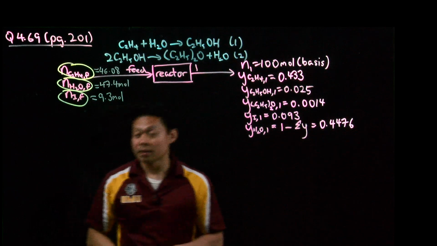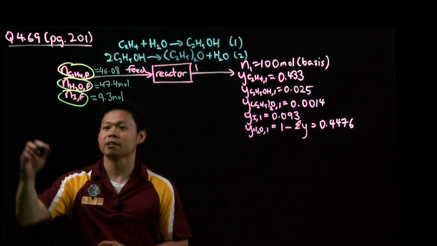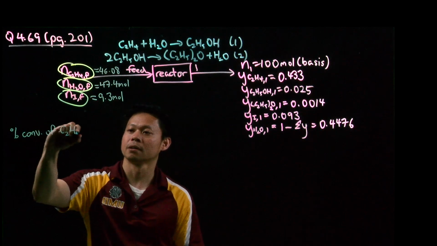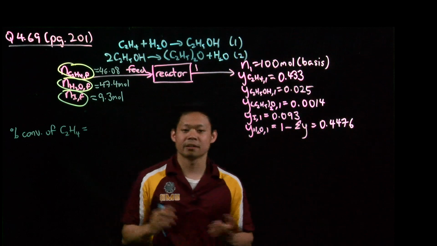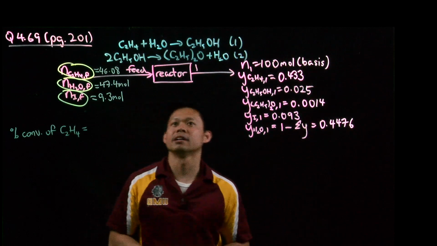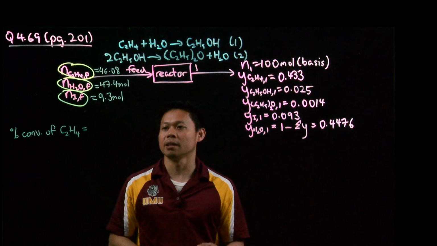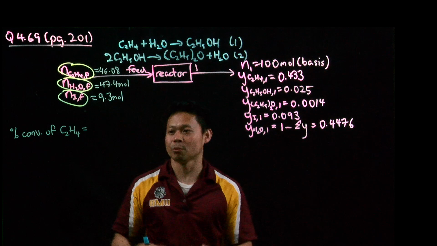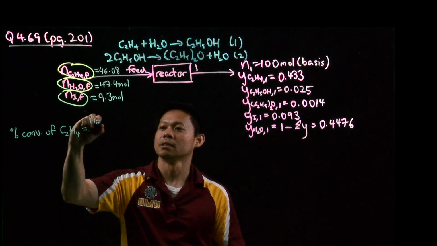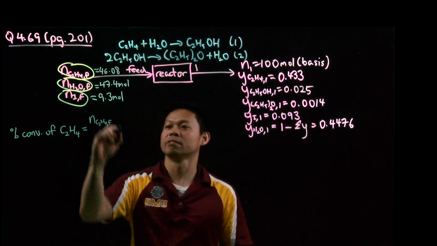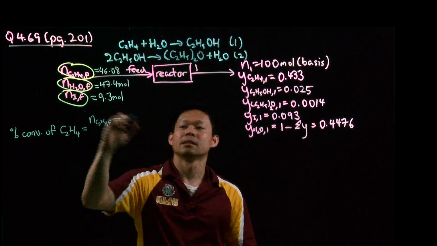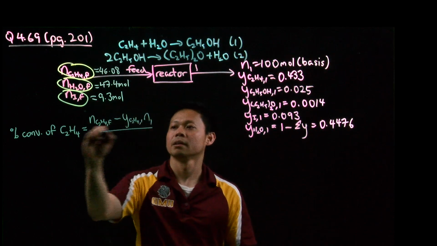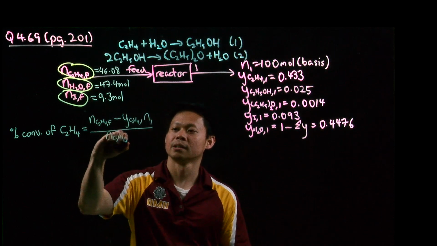All right, so what the question asks for, the first thing is the percent conversion of C2H4. The definition of fractional conversion of C2H4 is how much has reacted over how much you put in. In terms of how much has reacted, it is what went in minus what went out, divided by what went in. So in terms of symbols, this is the number of moles of C2H4 in the feed minus the number of moles of C2H4 coming out, divided by the number of moles of C2H4 in the feed.